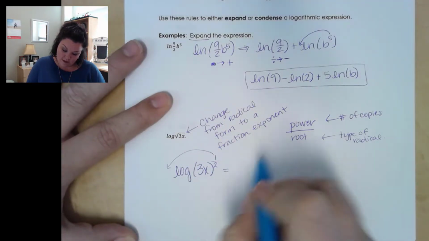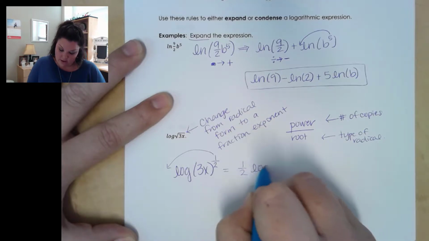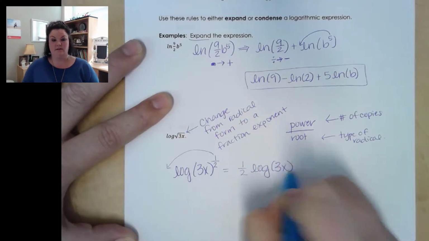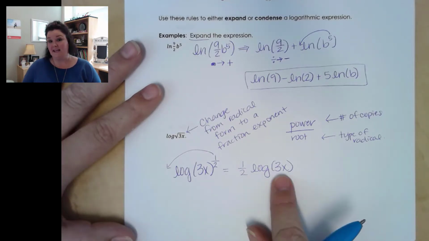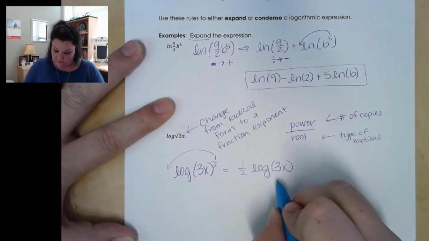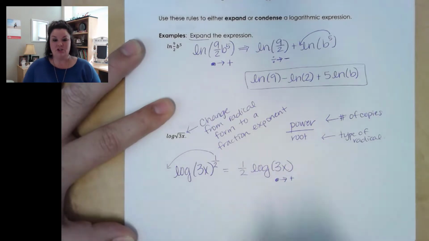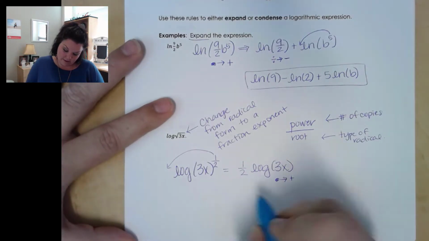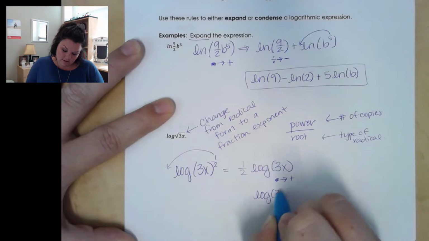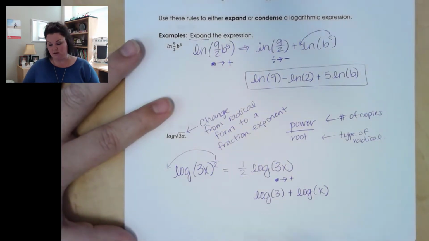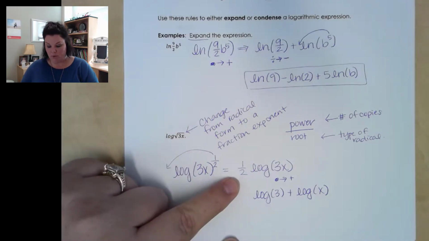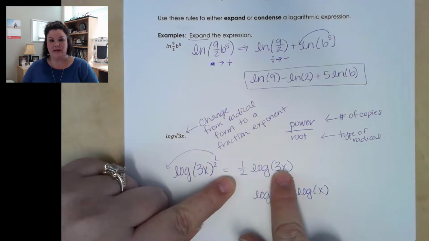So this gives me 1/2 times log of 3x. Okay, so just bringing that down. Now I can take care of this multiplication. Multiplication turns into an addition of log terms. So I'm going to get log of 3 plus log x. And notice here, this 1/2 was being multiplied to this log 3x.